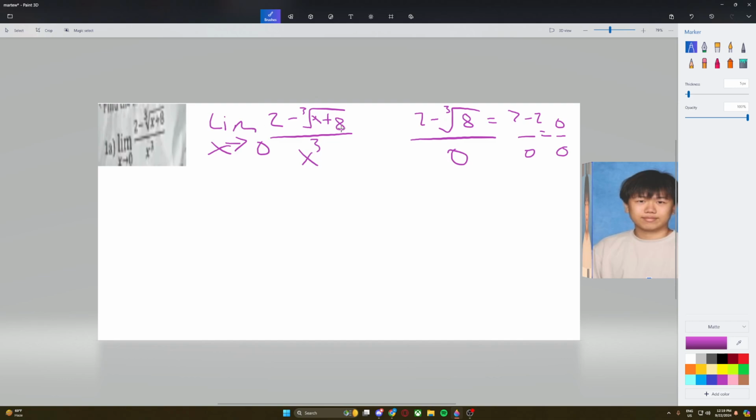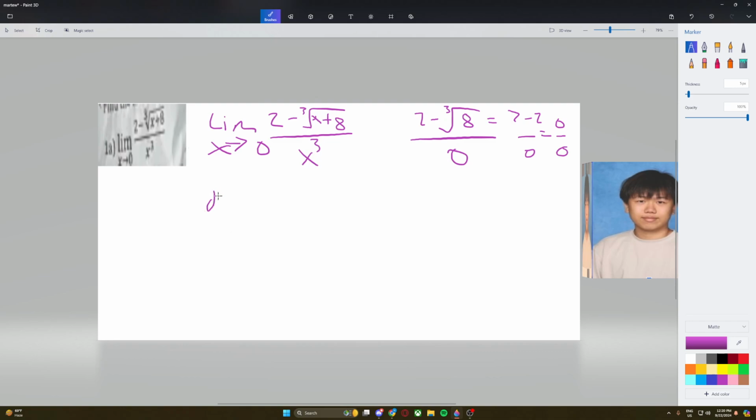And when you have a limit that is an indeterminate form, which is 0 over 0, you can use L'Hospital, which you have to prove that it's 0 over 0 beforehand, but once you do, you get the derivative of the bottom and the top side to get your limit.